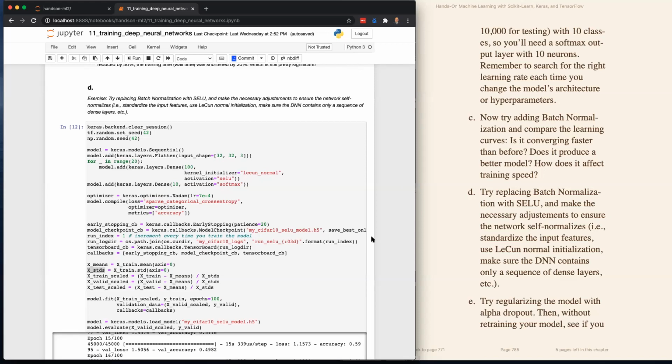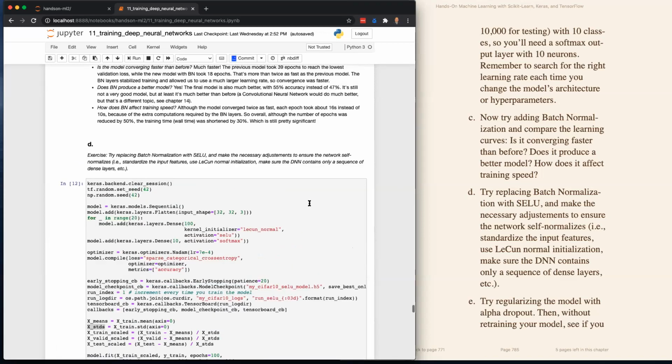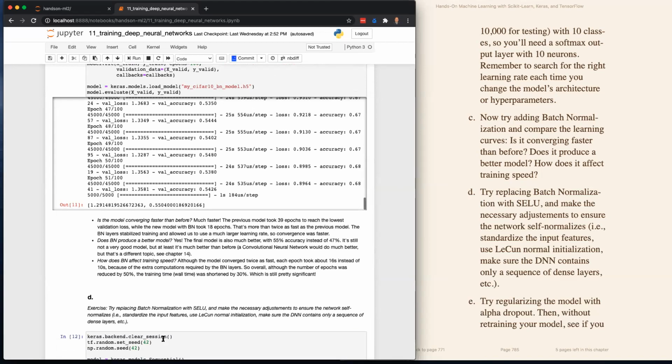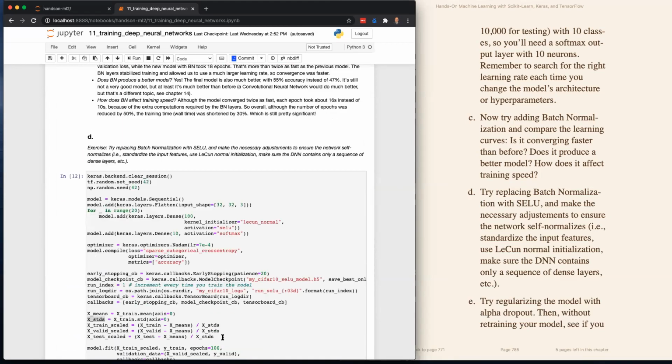However, I'm not sure. For SELU, I think last time we said it required it. For ReLU, I don't know. But in general, you're right. This is what they say, that all the features need to be standardized, which he has done in here. We didn't do it up here.